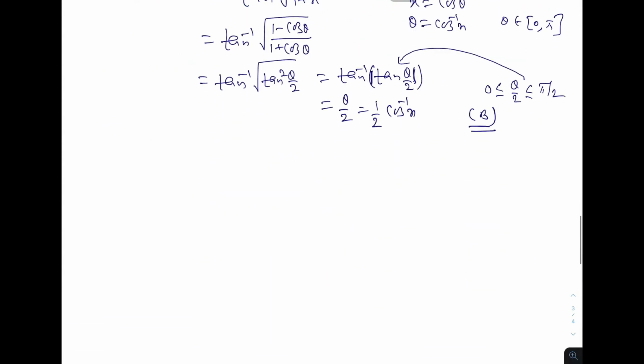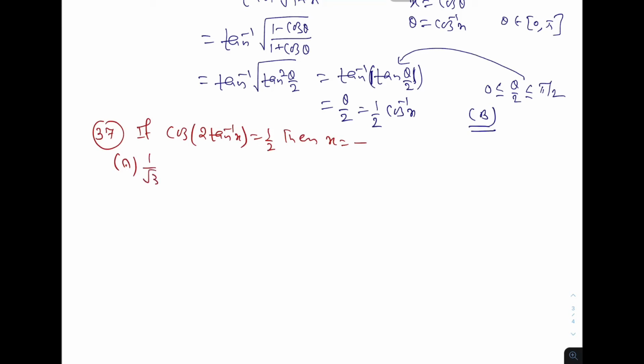Next is, if cosine of 2 tan inverse x is equal to 1 by 2, then x is blank.